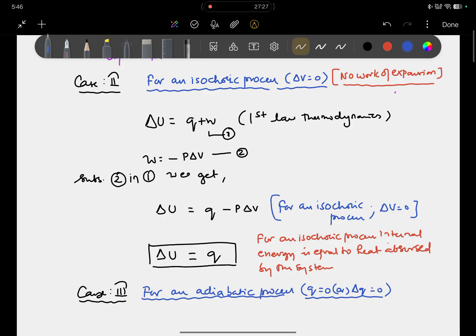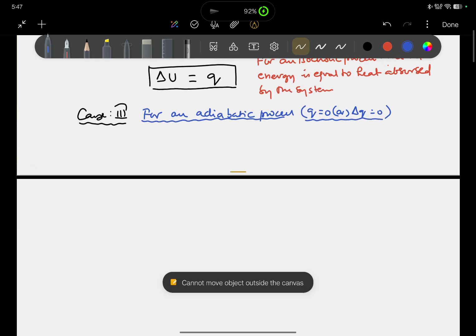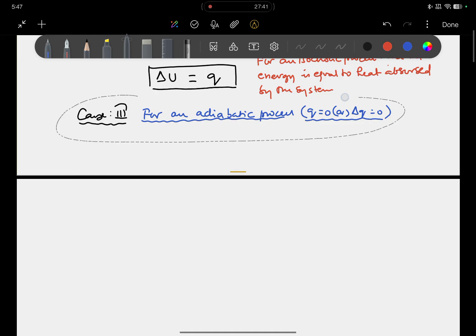Finished, Amma? Yes, sir. Super. Now let us go for the adiabatic process. We all know what we mean by the adiabatic process. Let me go to the next page.